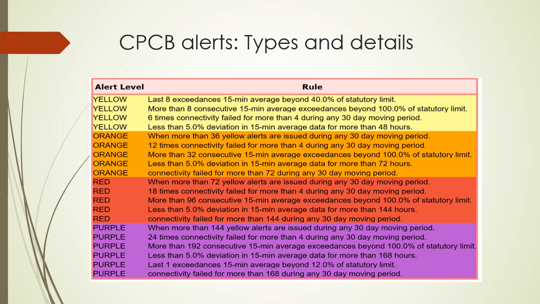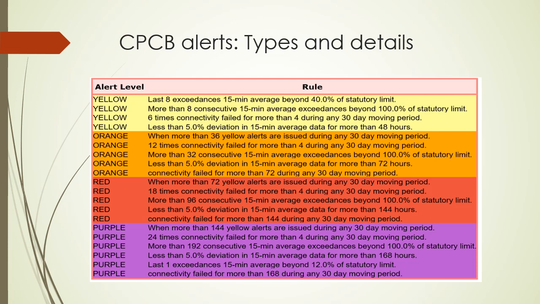So the OCMS will deliver an alert to CPCB, and CPCB will send an alert to our SPCB as well as to the organization. That means if the COD is 70 for 8 exceedances of the 15-minute average. Now, the second point is more than 8 consecutive 15-minute average exceedances beyond 100% of the statutory limit. Beyond 100% means if 50 is the COD limit and it reaches 100, and then there are 8 consecutive.